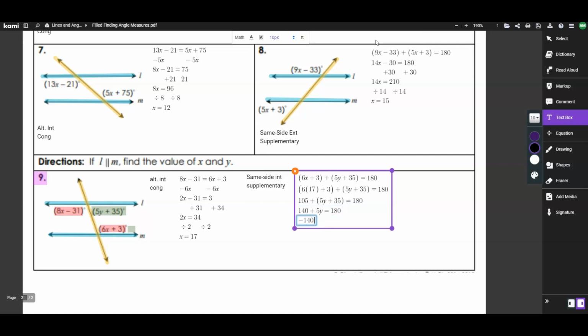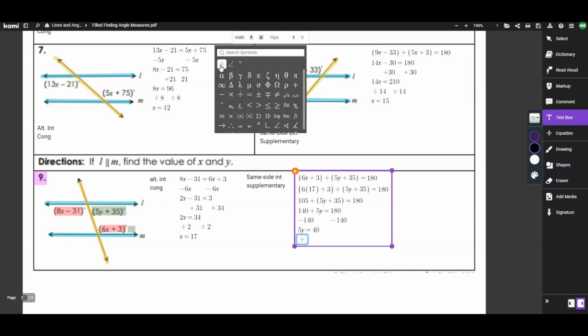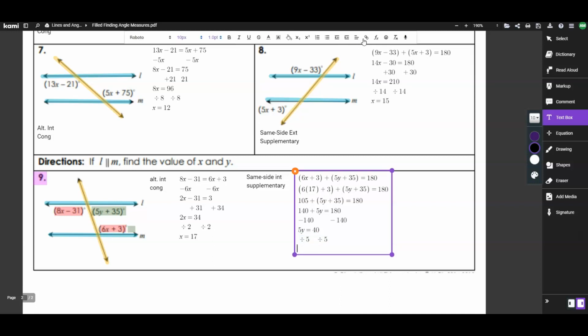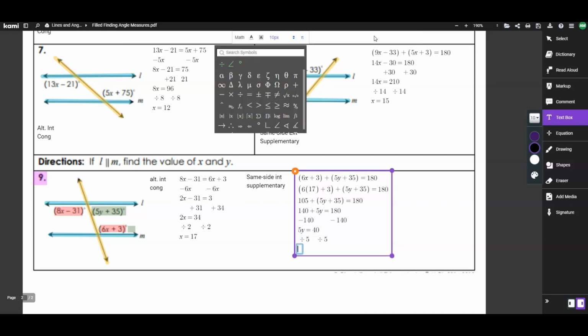Here we need to go ahead and subtract the 140 from both sides. And that leaves us with 5y is equal to 40. We will then divide both sides by 5, which leaves us with a result of y is equal to 8.